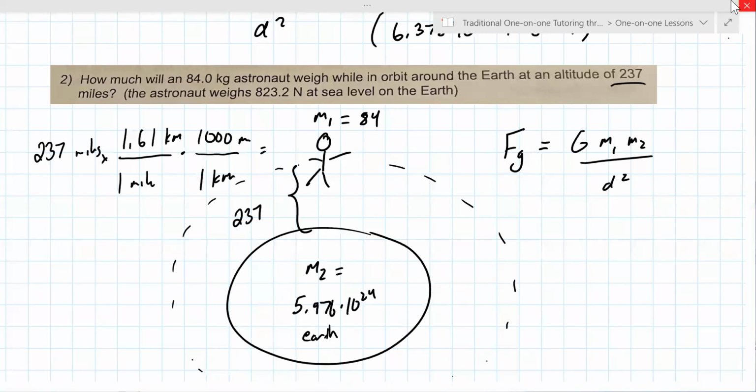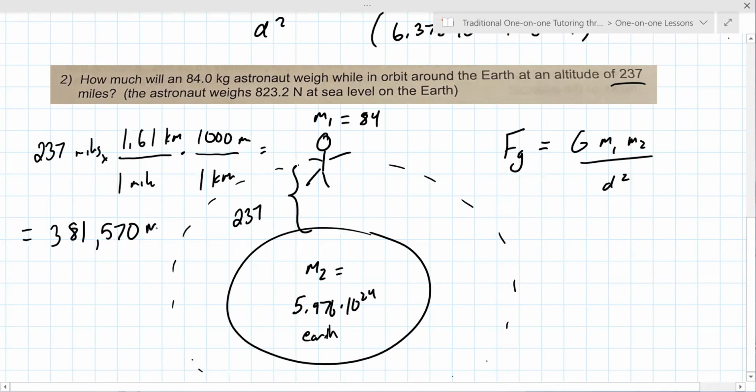So we want to get that number there, whatever that is. So it's pretty big here. It's 381,570 meters.